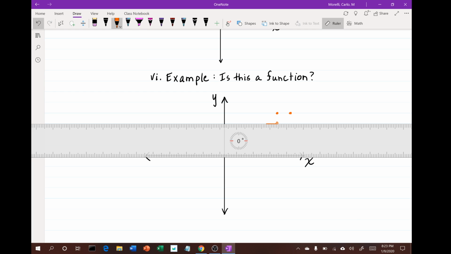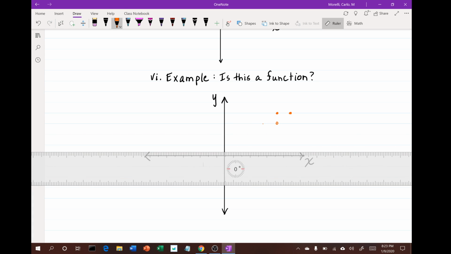Oh, no, I don't want to do that. You put a dot there. Open circle.